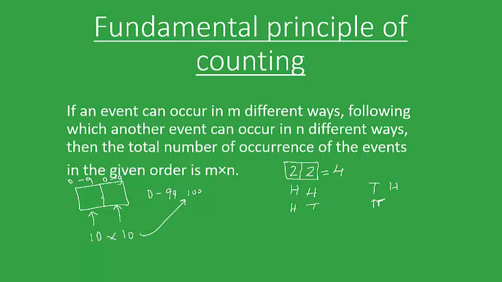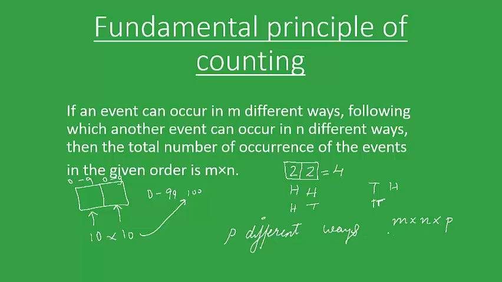Similarly, if we have more than two events occurring together in a particular sequence, we have a similar result. Say if a third event, together with these events occurring in m and n ways, can occur in p different ways, then the total number of ways will be m into n into p.